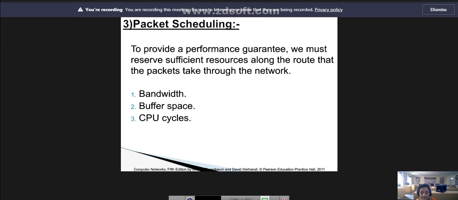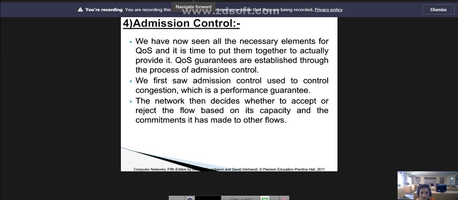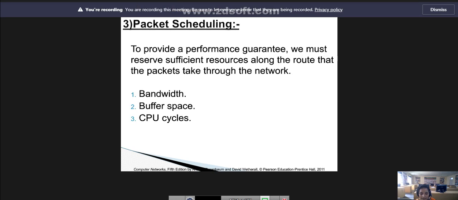Three different kinds of resources can potentially be reserved for different flows: bandwidth, buffer space, and CPU cycles. The first one, bandwidth, is the most obvious.